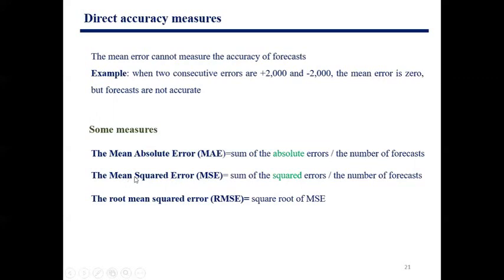We have also the mean squared error, which is the sum of the squared errors divided by the number of forecasts. And we have also the root mean squared error, which is just the square root of the second measure. We will see by an example how we calculate them and what's the difference between the 3 measures.